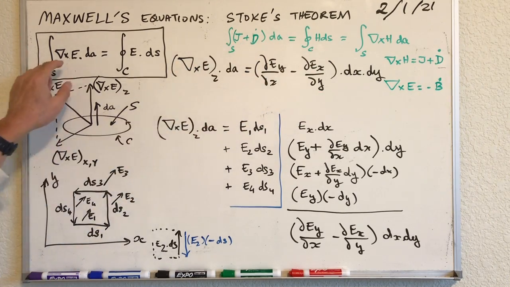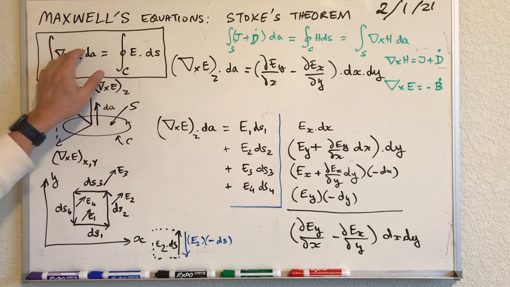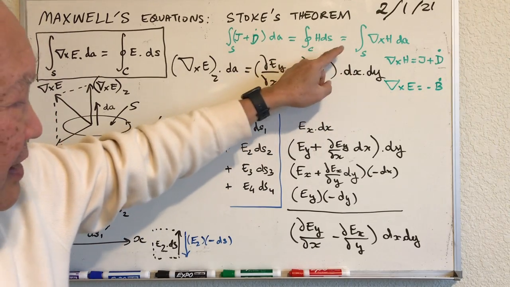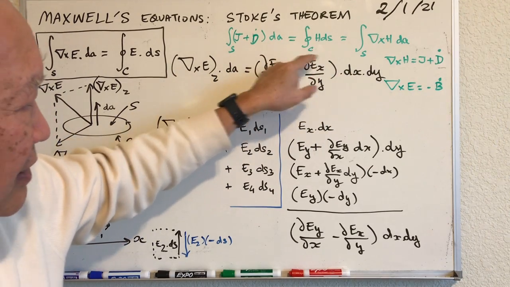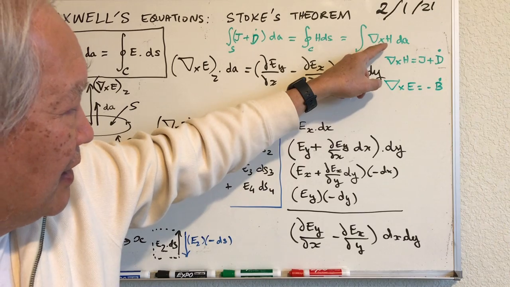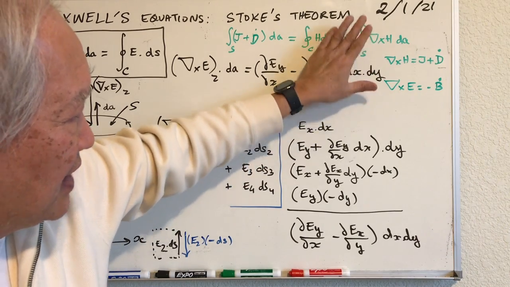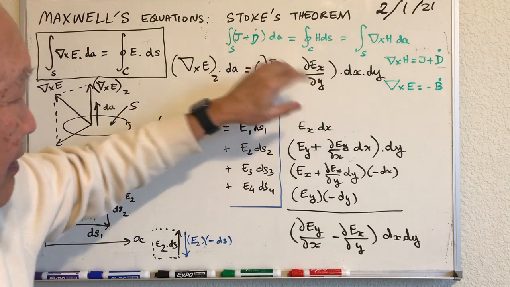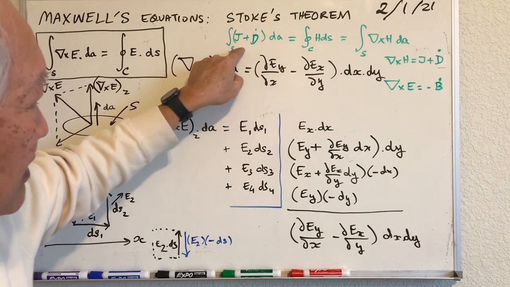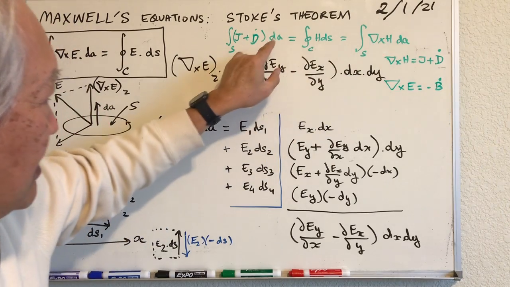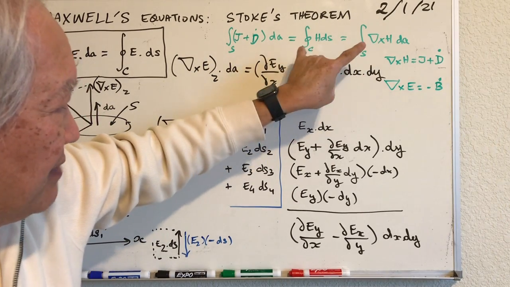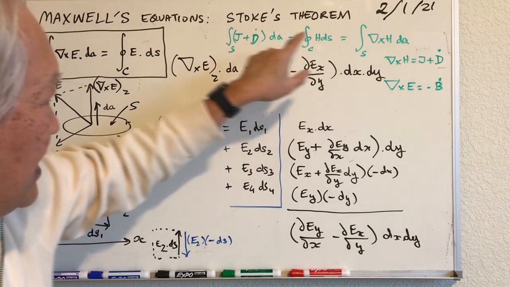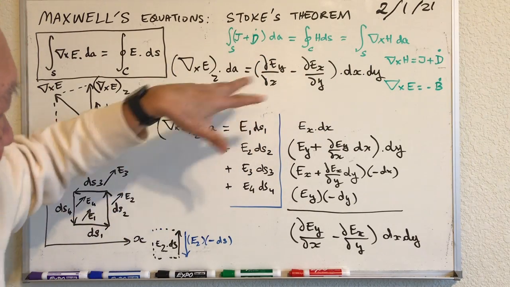And if you also take Stokes' theorem into account, which is the second part here, where we say the integration of a vector around a curve is equal to the sum of the curl throughout that surface, then you will see that this part and this part are equal, because they're both the integration of two entities over the same surface.